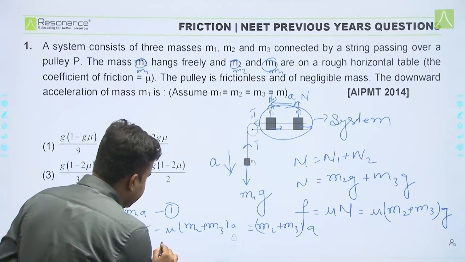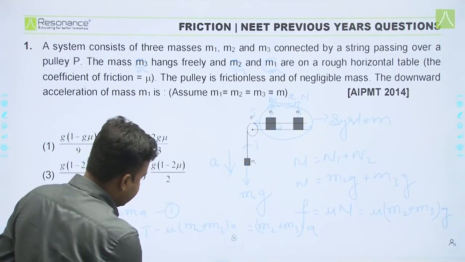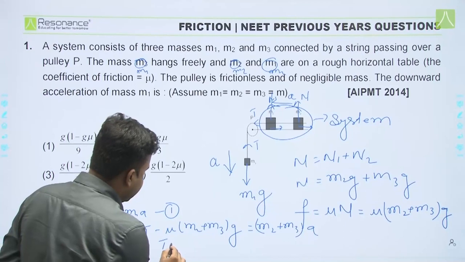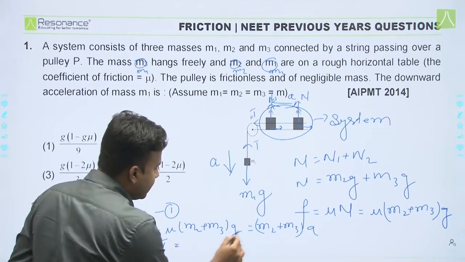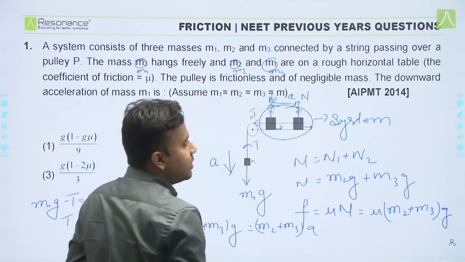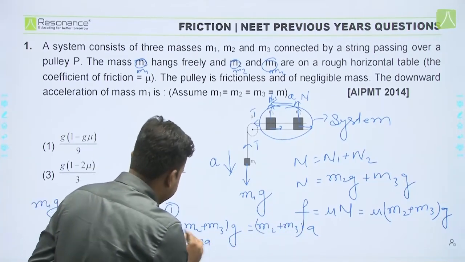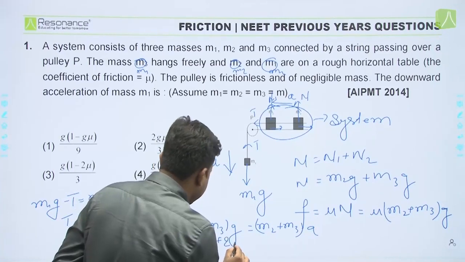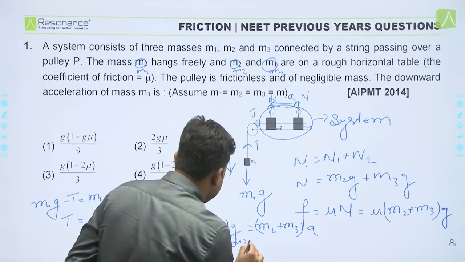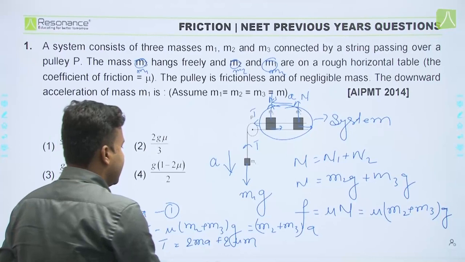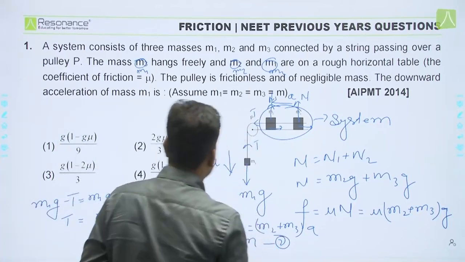T equals, all the masses are equal to M, so here this one is 2MA plus 2 mu into M into G. Okay, now this is the second equation.